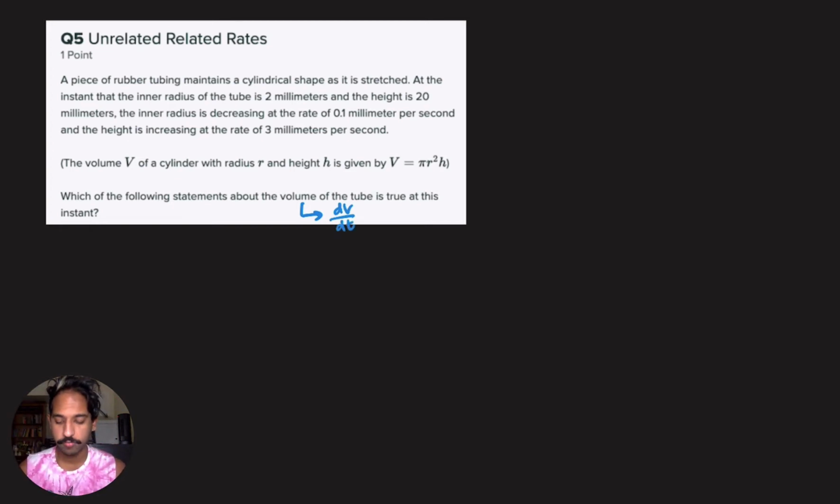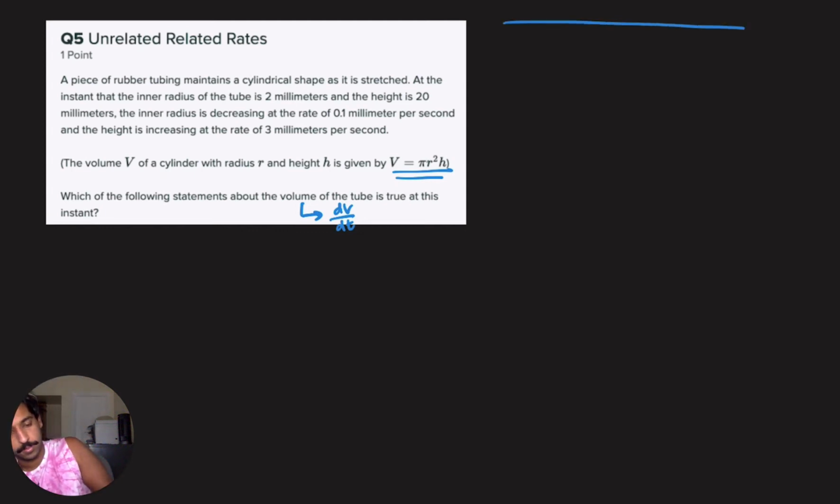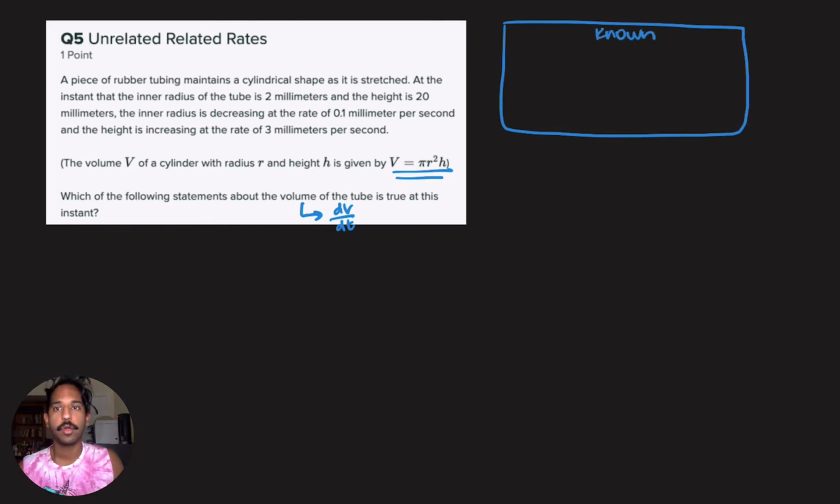And so in order to solve for that, we have an equation here that relates some of the other variables that we know. And why don't we make a table to outline what are the things we know and what are the things that we need to find. I like to put all my stuff into a box. I call it my known toolbox. In here, let's put in the values we know. I see that at the instant we're talking about, the inner radius of the tube is 2 millimeters, so r equals 2.